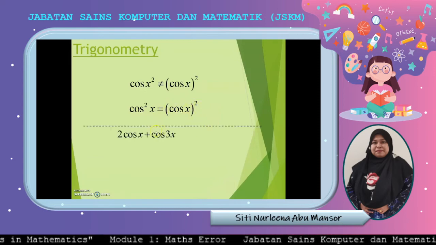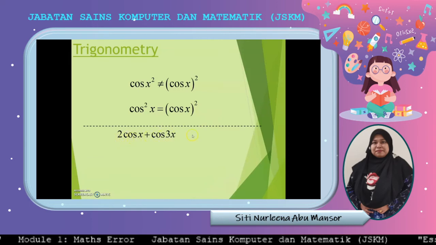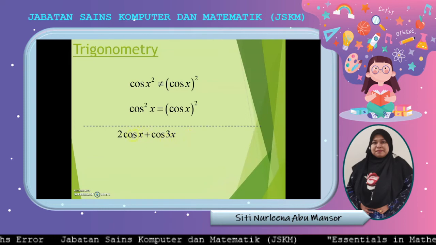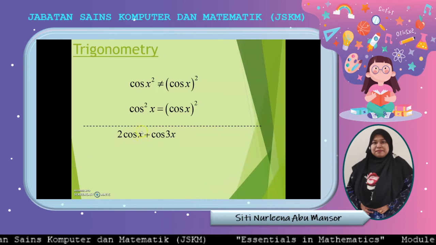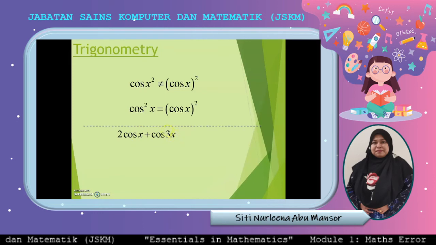Let's say we have 2 cos x plus cos 3x. Pay attention to the angle. For the first term, we have 2 cos x, so the angle is only x. But for the second part of the equation, the angle is 3x.